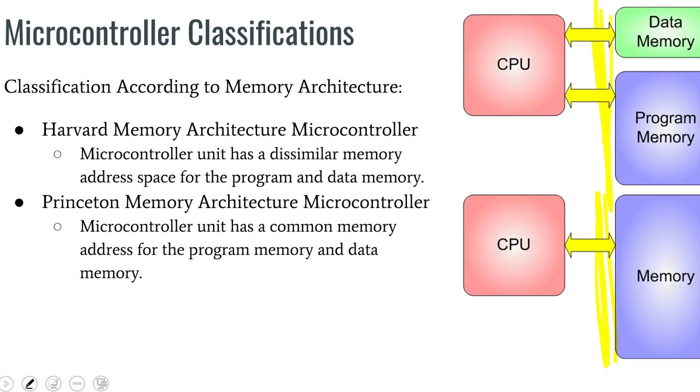So the Harvard memory architecture, where we use separate program and data memory, and the Princeton memory architecture, where we use a common memory address scheme for both program and data memory. So this memory architecture can also be there in a microcontroller. We can use any one of these memory architectures in our microcontrollers as well.